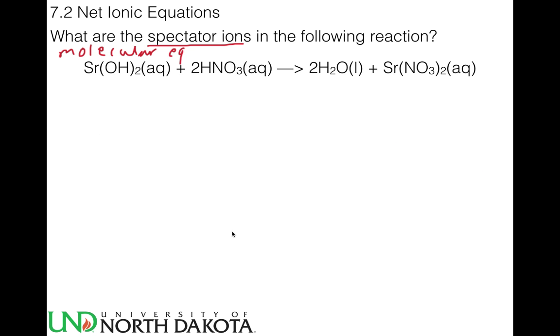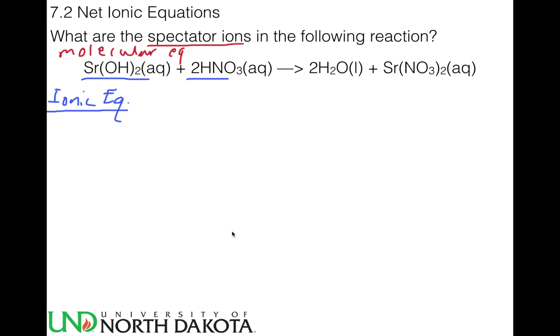We want to convert our molecular equation to an ionic equation, meaning we dissociate all of our aqueous ionic compounds into their ions. And then from our ionic equation, we want to see what changed, and what does not change will be our spectator ions. So let's go through the process again. What are the spectator ions here?